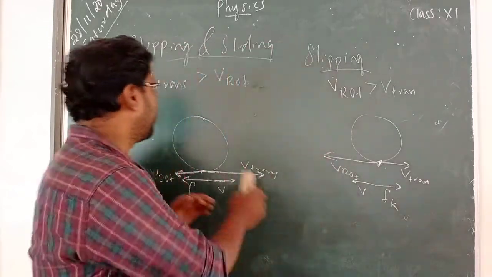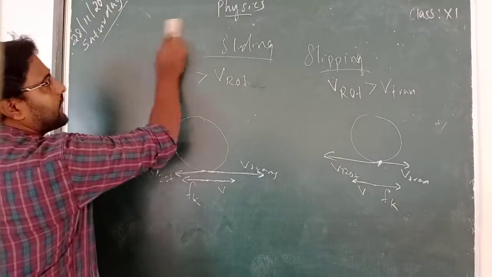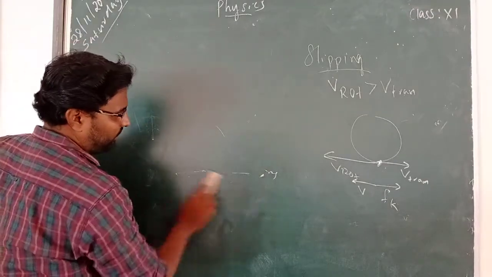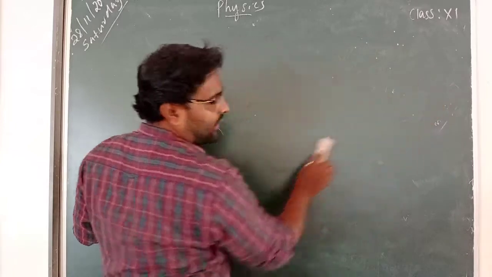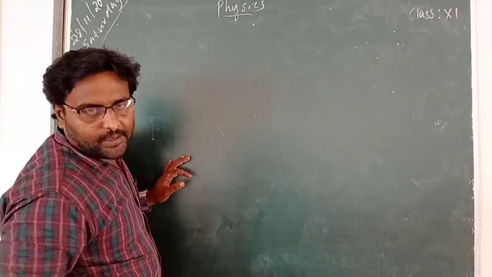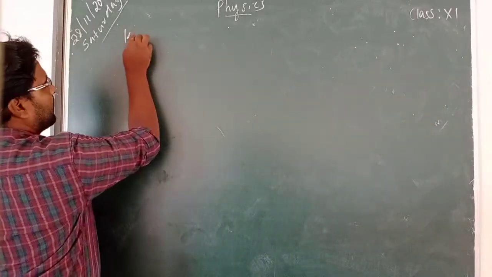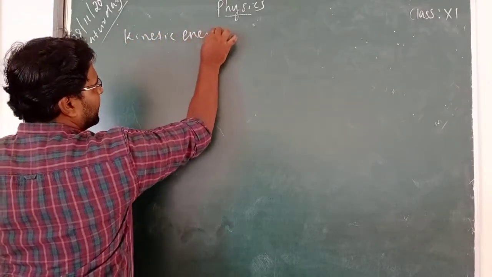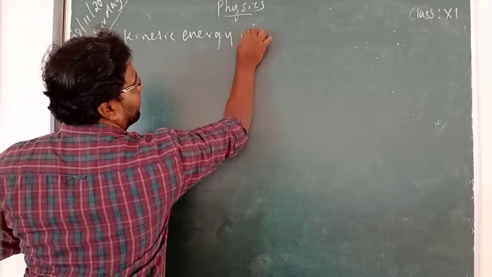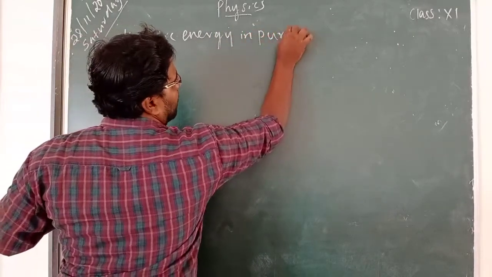Next there is a derivation: kinetic energy in pure rolling. We can find the equation for kinetic energy.